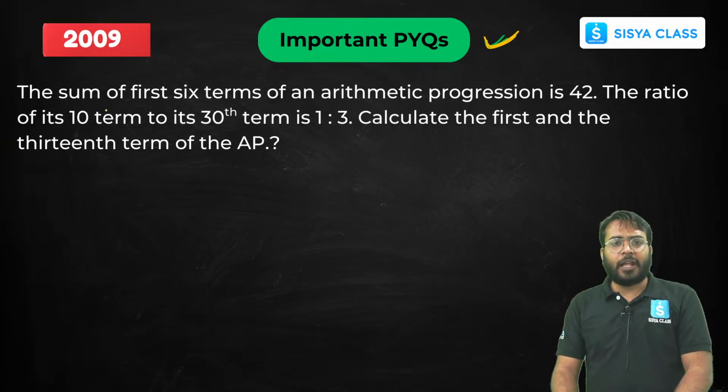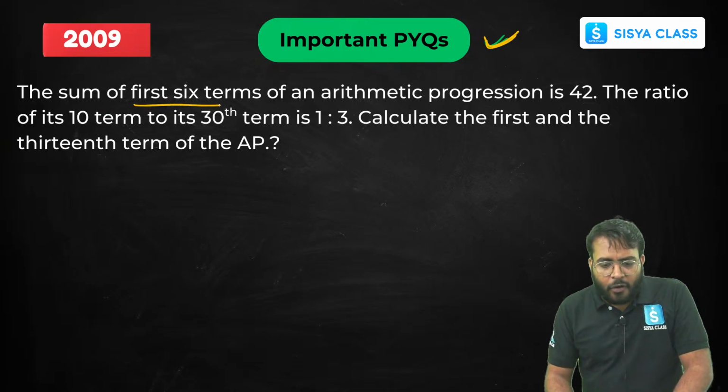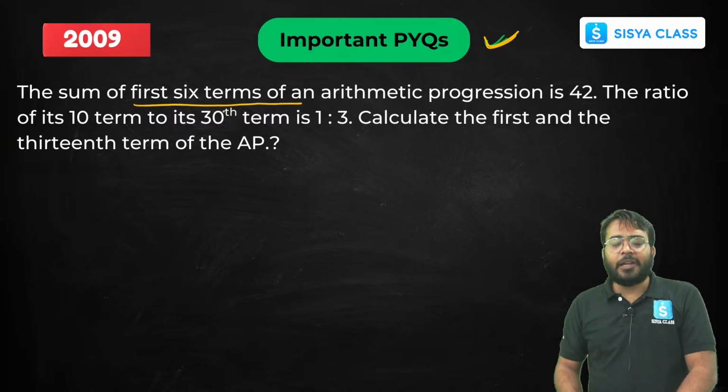What they have given: the sum of the first 6 terms of an AP is 42.